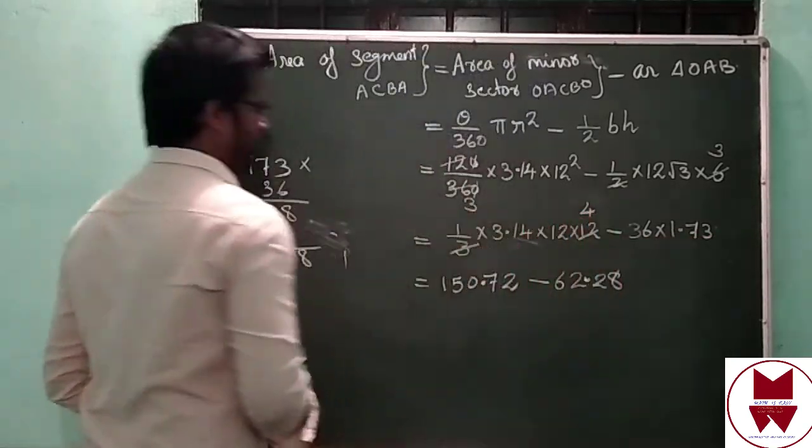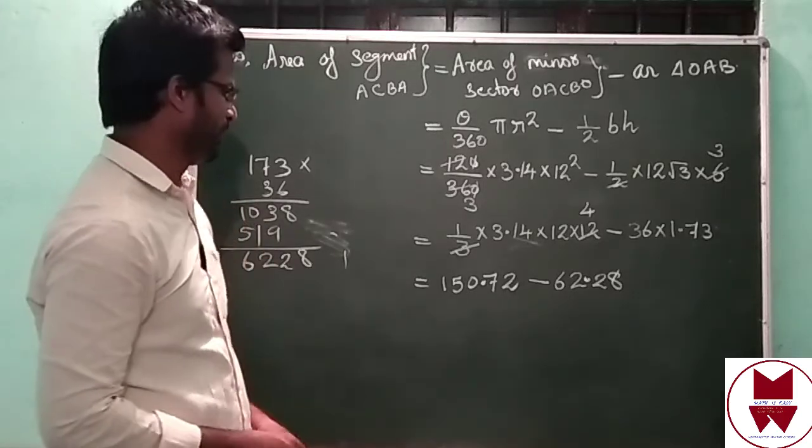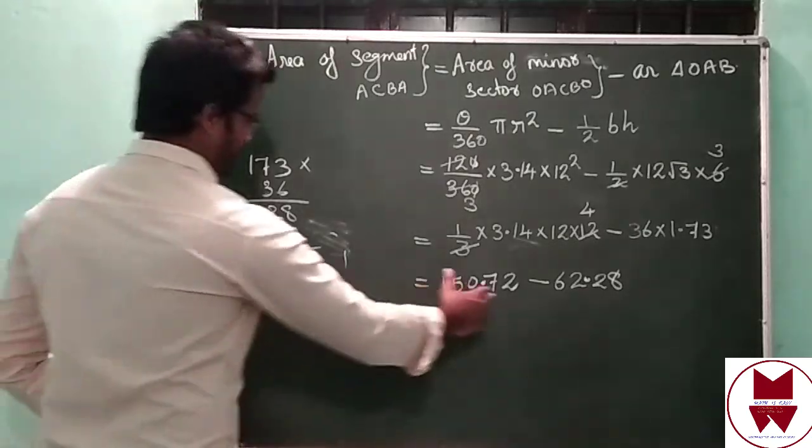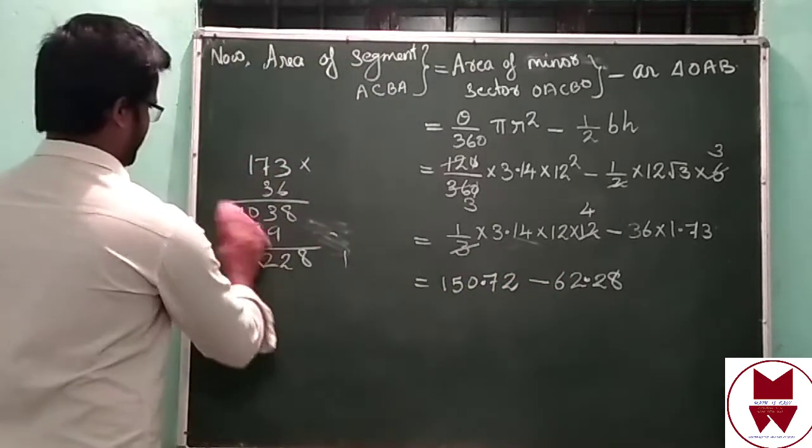Put the point here. 62.28. Now we can subtract: 150.72 minus 62.28.